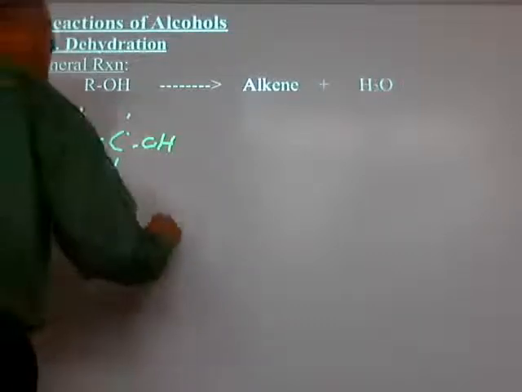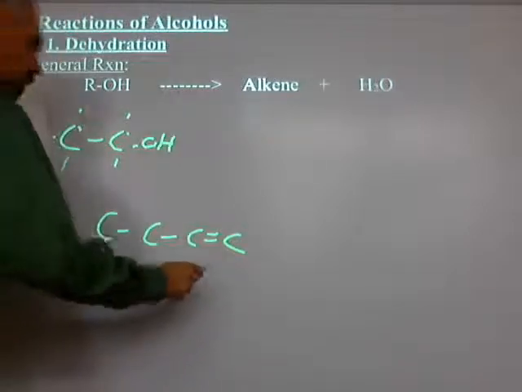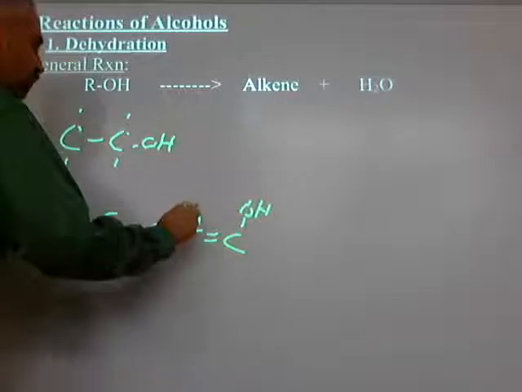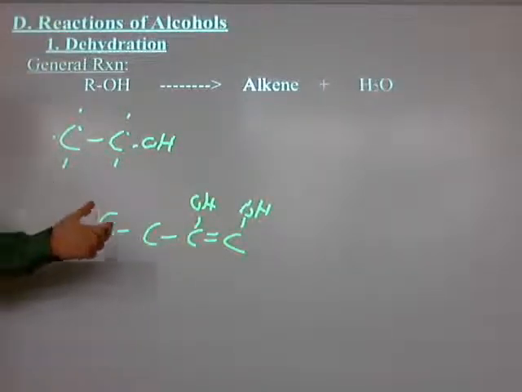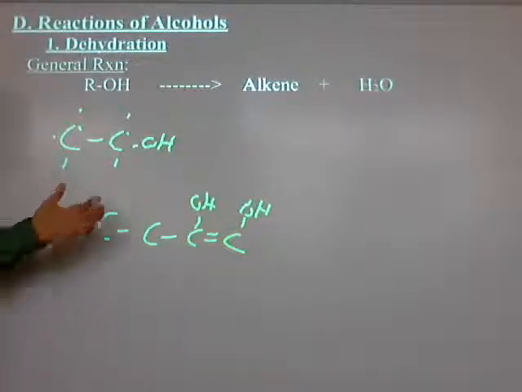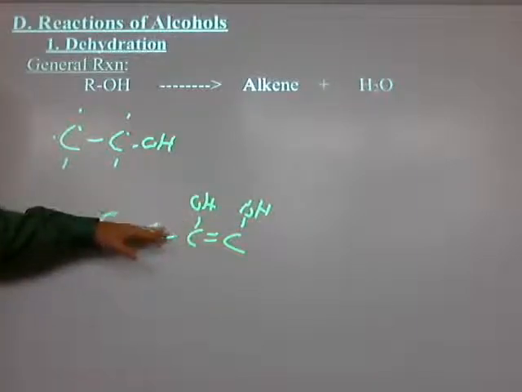Same thing's even true if it's a little bit longer. If the OH were over here, the double bond will still have to go there. However, if the OH were here and given a choice, you're going to get a mixture, but where do you think the double bond is more likely going to form? I would like you to form the more predominant product towards the middle. It's just more stable that way.